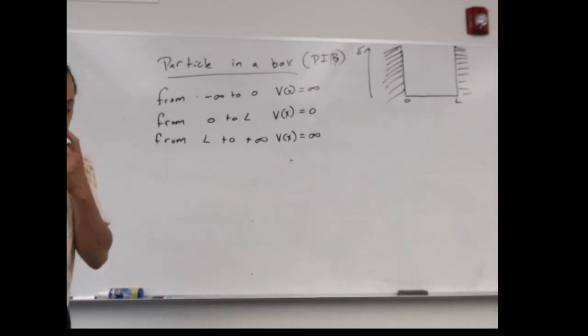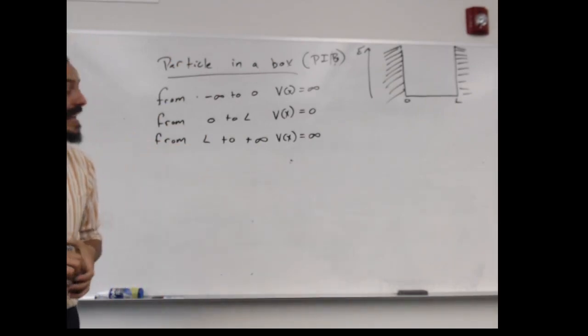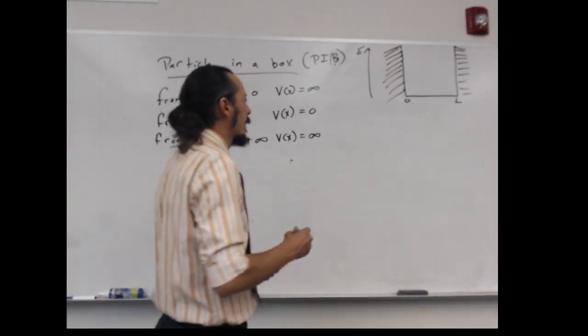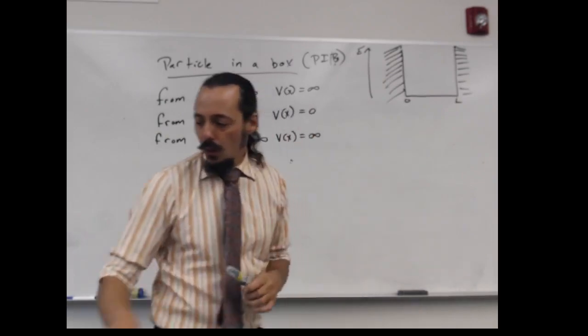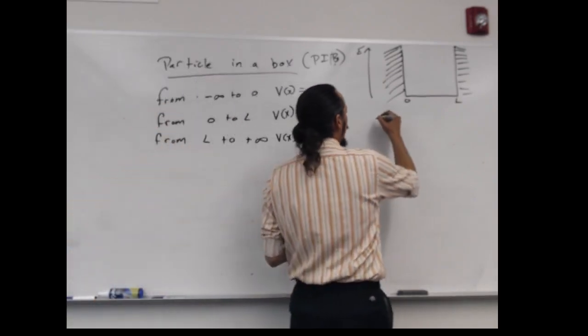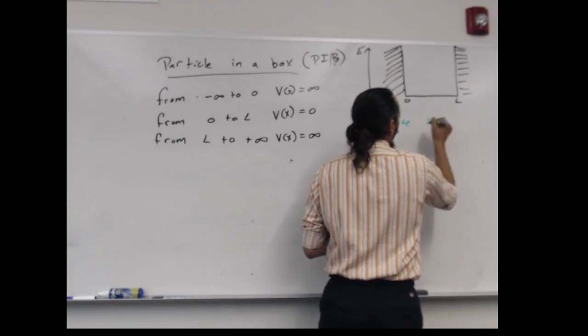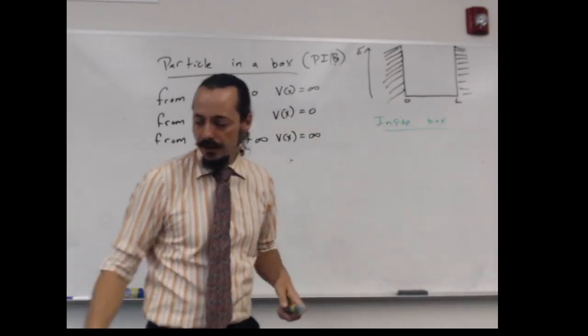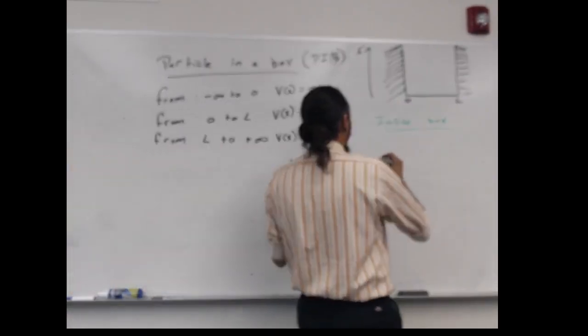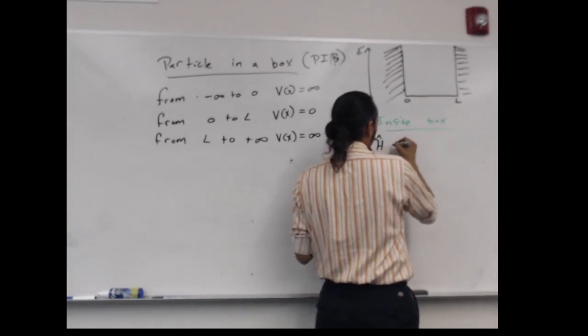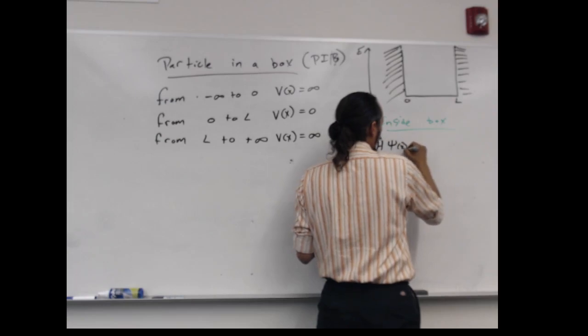So let's go ahead and set this up. Inside the box, 0 potential, we end up with stuff that looks really familiar, the same stuff we just did. So inside the box, we're going to have H hat on psi of x.